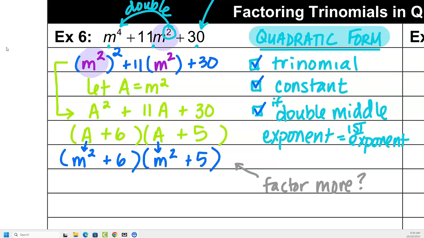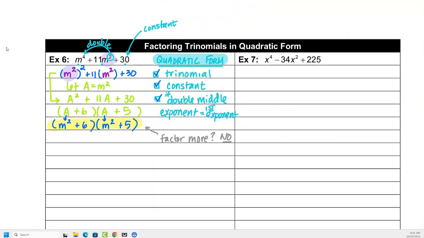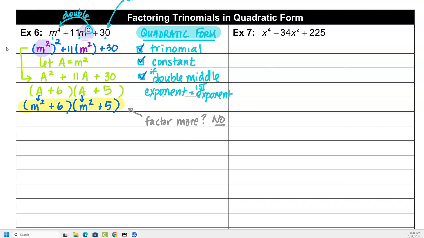I see 2 terms. Is it the difference of perfect squares? No, and it's the same with the second. So does this factor more? The answer is no. So that'll be my answer. So quadratic form is we're able to rewrite it as a quadratic, and then we can factor it.